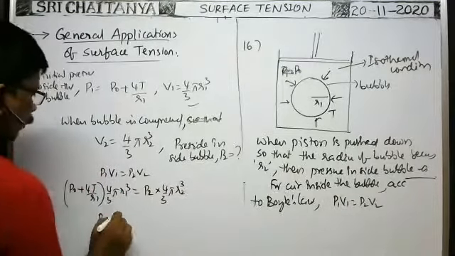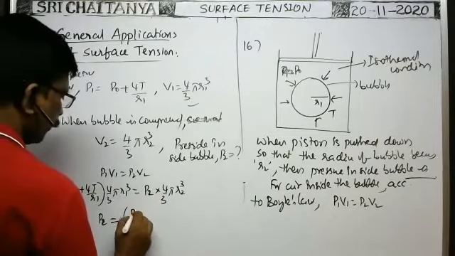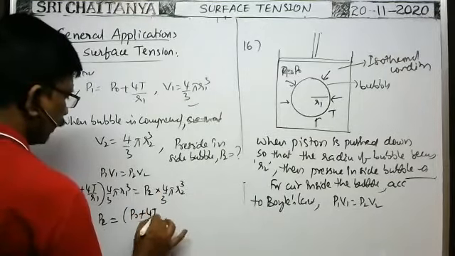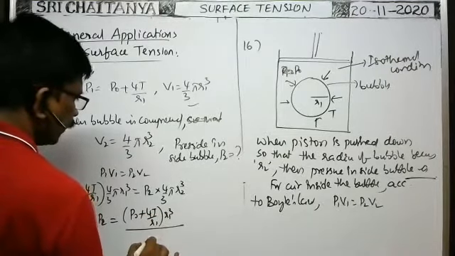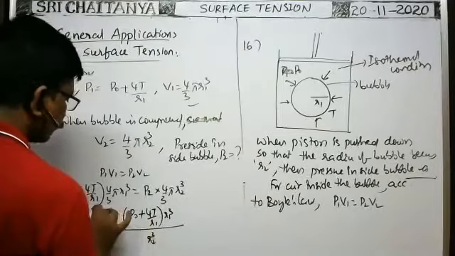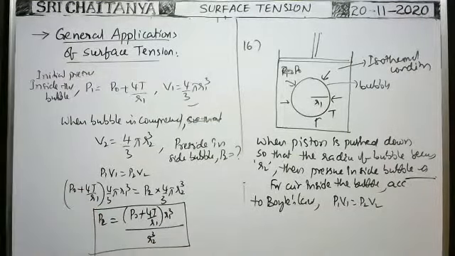Therefore, P2 is equal to, 4/3 pi cancels, P0 plus 4T by R1 into R1 cube whole by R2 cube. This is the pressure inside the bubble. Right, this is the answer.